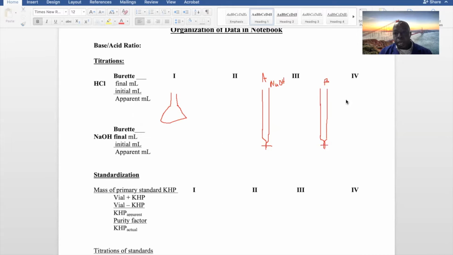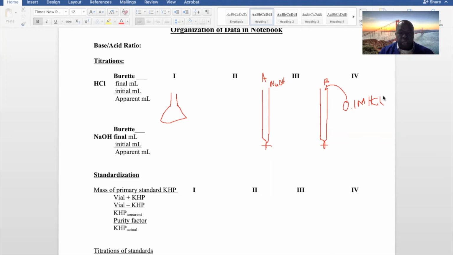And here you have 0.1 molar HCl, or just put HCl. You can just call it HCl, even though we may not need the molarity for that, but we just know that it is HCl.